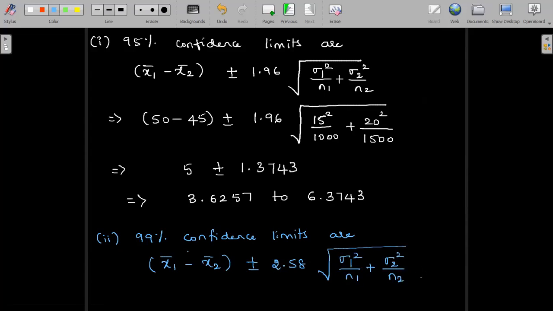So at 1% level of significance, the value is 2.58. Hope we remember the value.